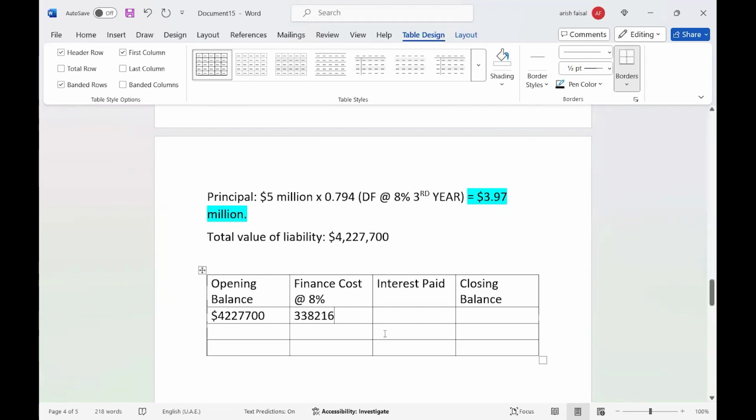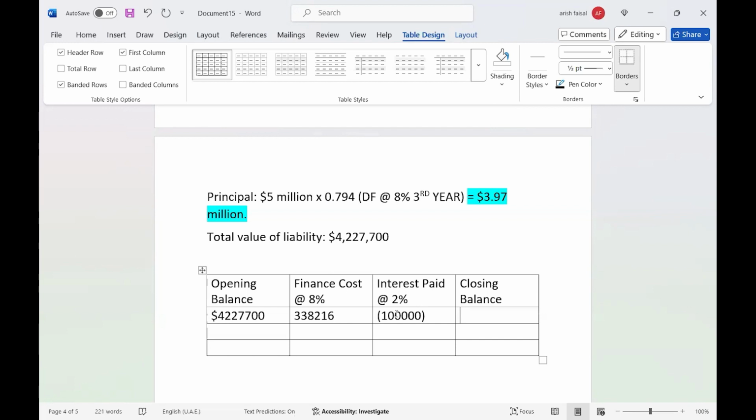Clear? And then you have an interest payment of 100,000, which, if you remember, was at 2%. So in this case, it will be a negative of 100,000, right? So that will give you your closing balance of 4,227,700 plus 338,216 minus 100,000.